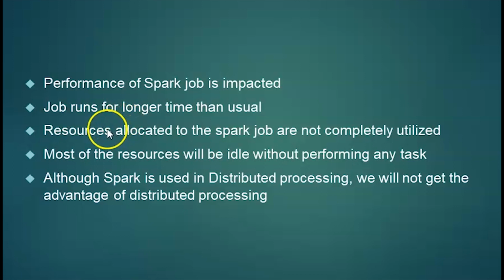Whatever resources we allocated to the Spark job will also not be completely utilized, because one task will be running for a longer time compared to other tasks because of the huge volume of some chunk of data in the key column, which makes the Spark job unstable.